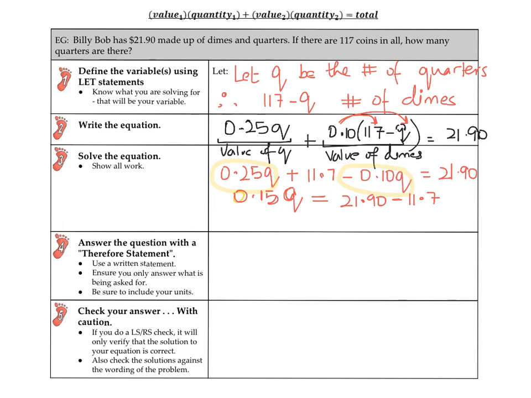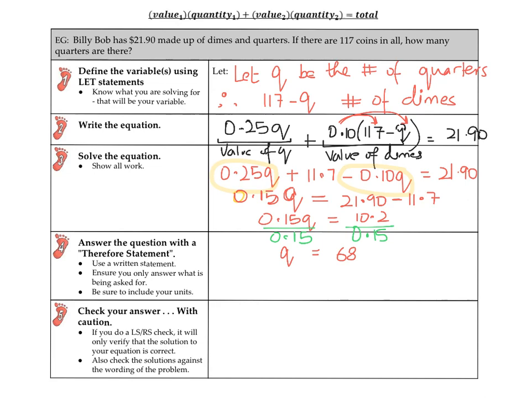So we have 21.90 minus 11.7, that would make 10.2, and this would be 0.15 Q. Now we must get rid of this 0.15, so we are going to divide both sides by 0.15. And what do we get for Q? Q would be 68.